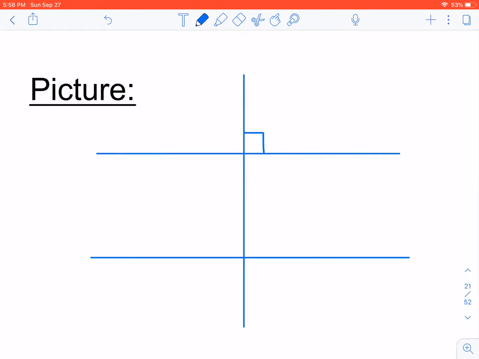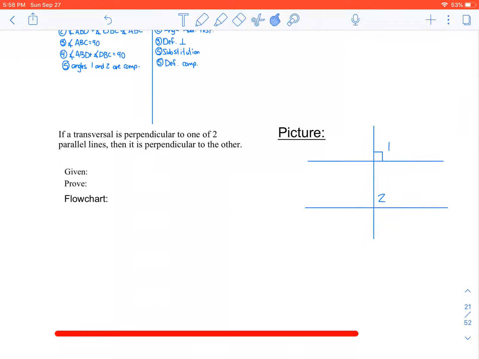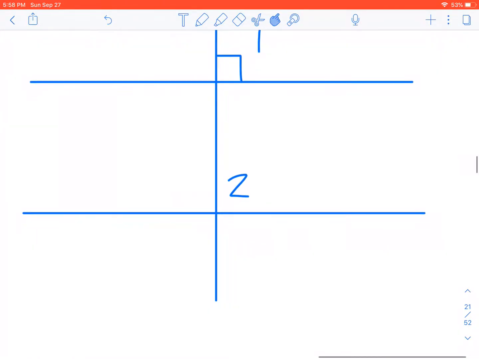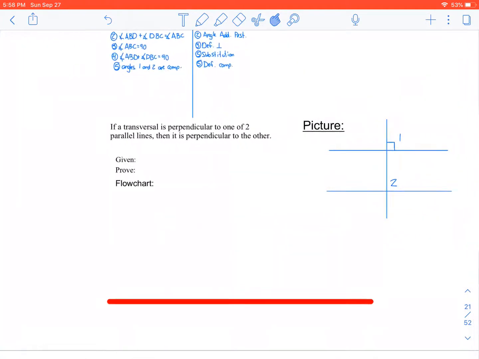So that means that, and I'm going to label these 1 and 2. We're going to prove that 2 is a 90-degree angle. I'm going to prove that this is a 90 degree.